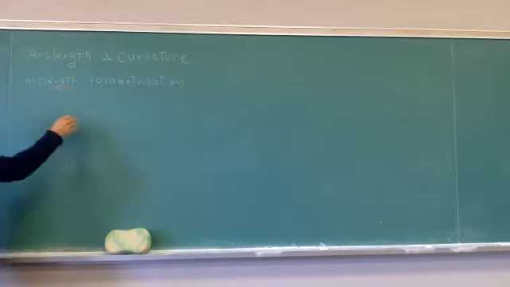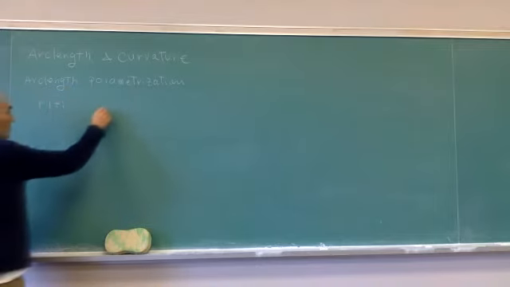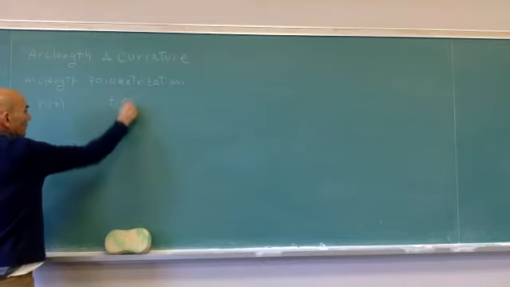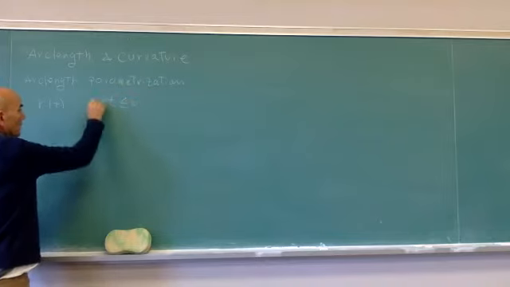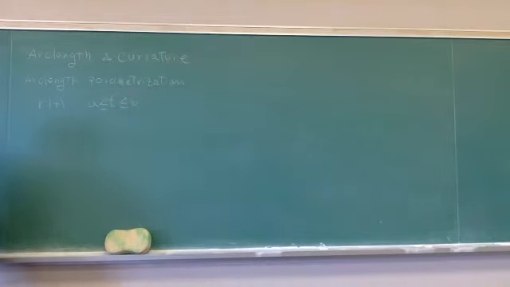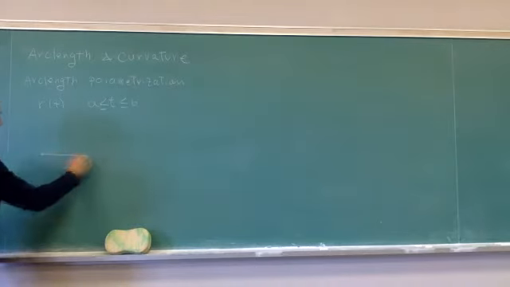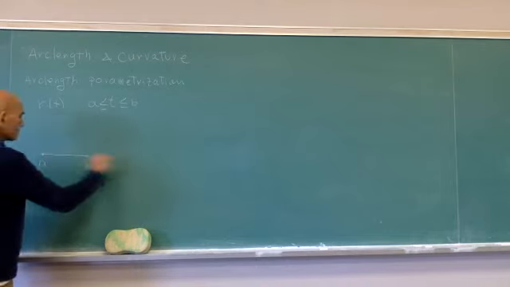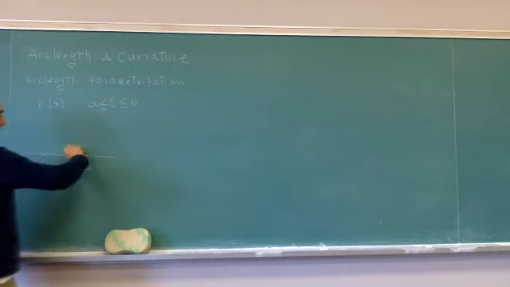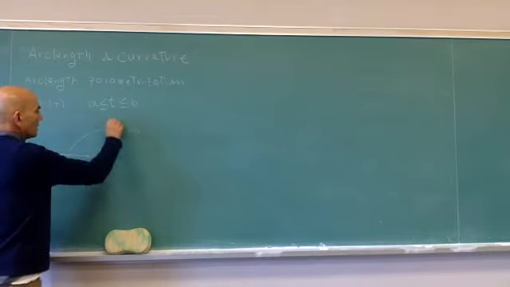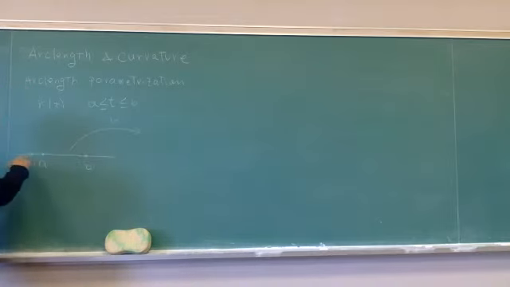So what we have is a curve, R of t, where t is in some interval [a, b]. So we have this interval on the line, and this is a map, R, that takes this piece of line, the interval AB.